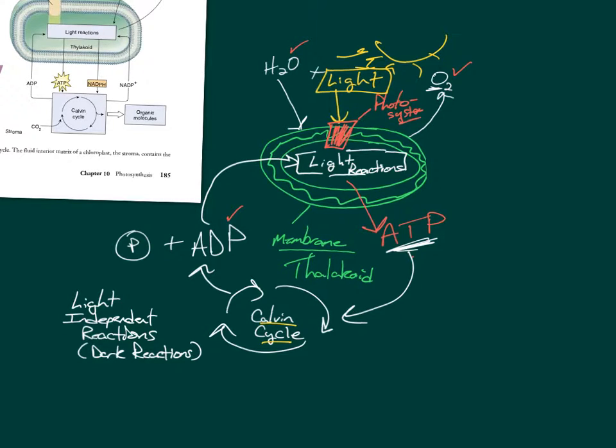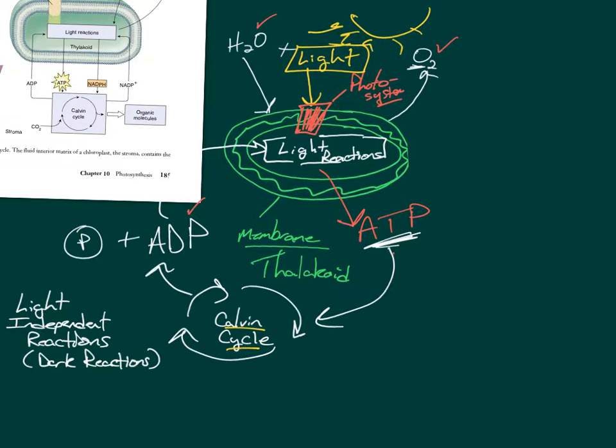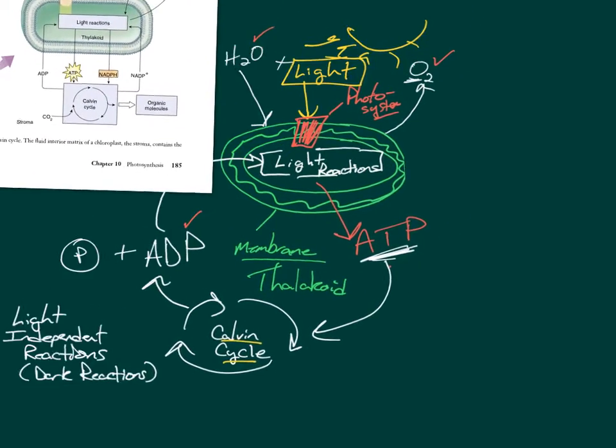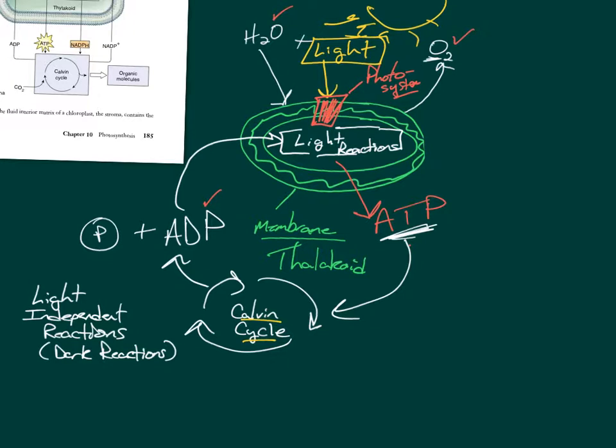You need something to carry the electron from one place to the other. And one of these carriers, you're going to have to know three of them by the time you're done. The one used in photosynthesis is called NADP. So NADP plus is an electron carrier.